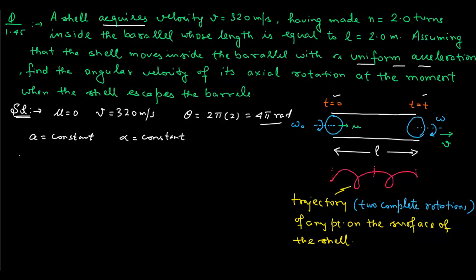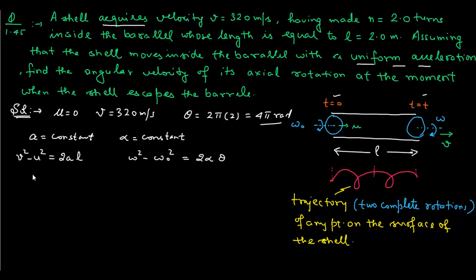Now we know that v square minus u square is equal to 2aL, the length of the barrel, and corresponding to the rotation I can write omega square minus omega naught square is equal to 2 alpha theta.